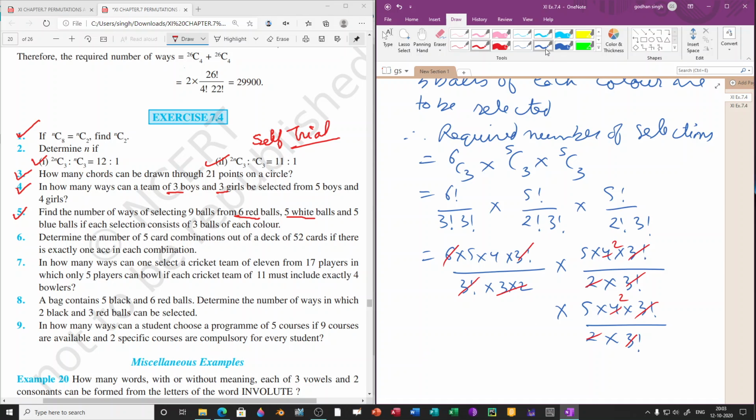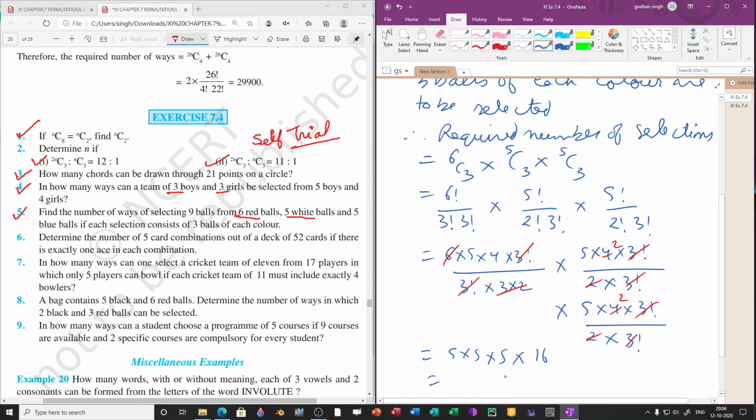Whatever needed to be cancelled, we have done. So 5 into 4 is 20, or we can just multiply the numbers with 5. 5 is coming 3 times. So 5 into 5 into 5 multiplied by 4 into 2, 8, 8 into 2, 16.